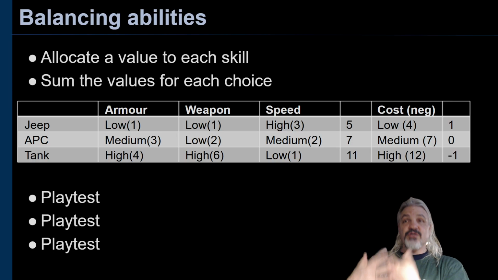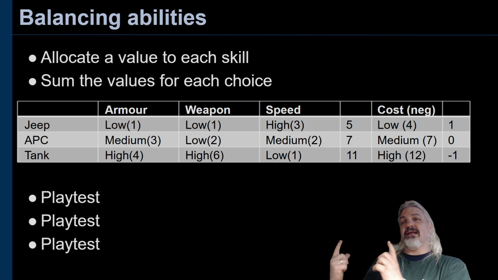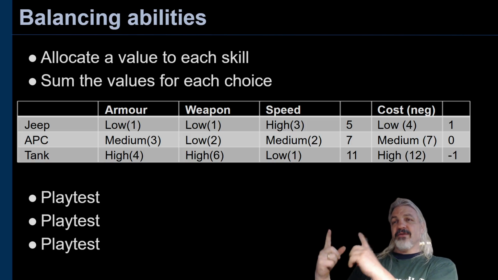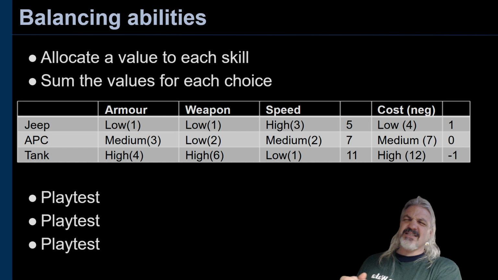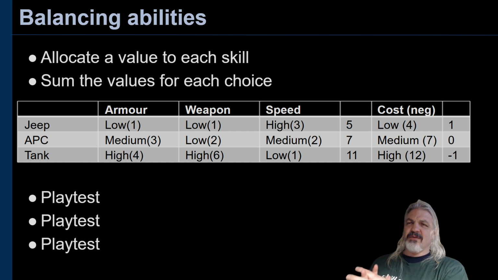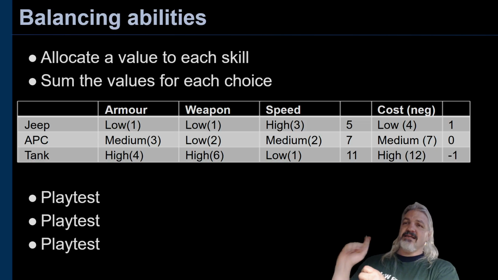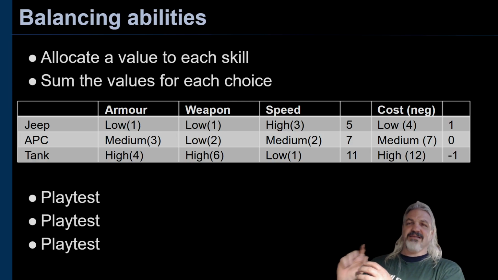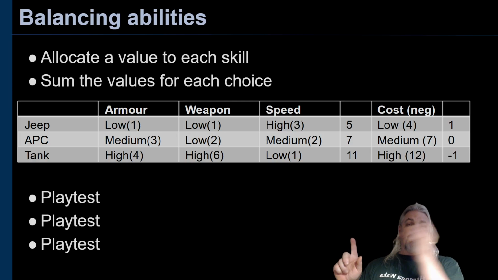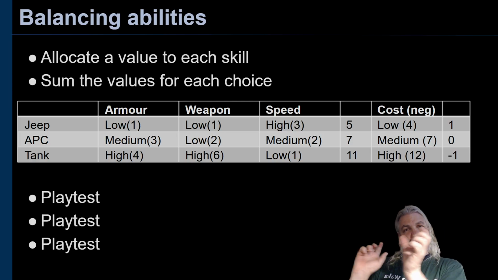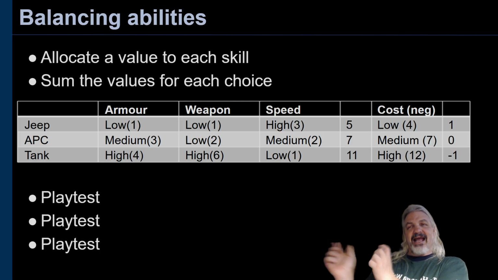And then you watch people play and you try and estimate and update the weapon value. So we say that the tank has a good weapon. Actually, people are still winning a lot with the tank, so let's increase the value of a high-powered weapon. So that goes from 6 to 7 to 8 to 9 to 10, and that raises the price, right? And so you're trying to work out how to balance that.